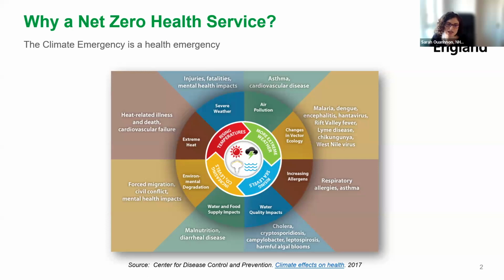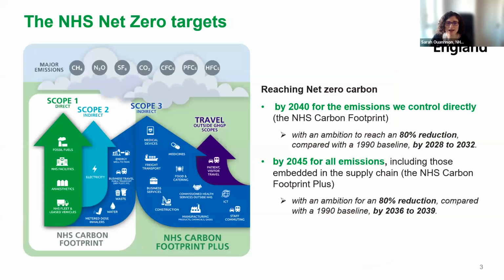That's why the NHS has been looking at this for a while now, building on a lot of work that had been done on the front line by our staff and our providers. We committed in 2020 to 2 targets. We've looked at the usual scope 1, scope 2, scope 3 emissions, our direct emissions and indirect emissions.